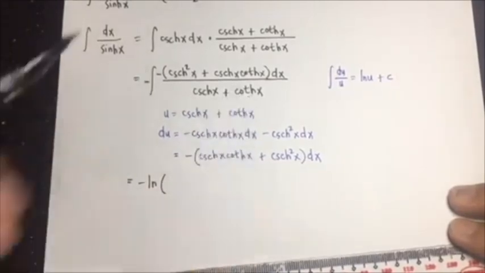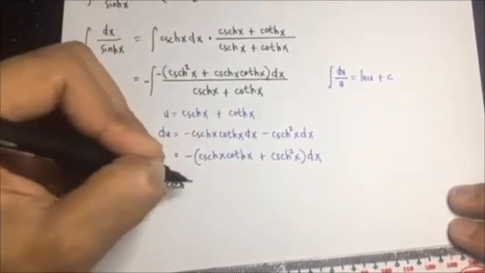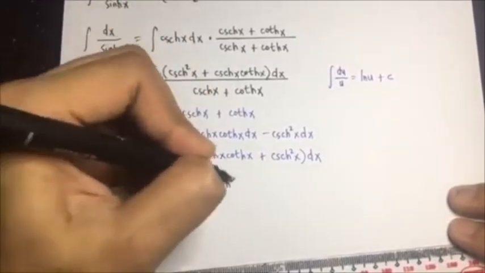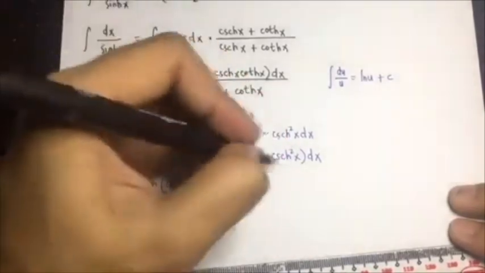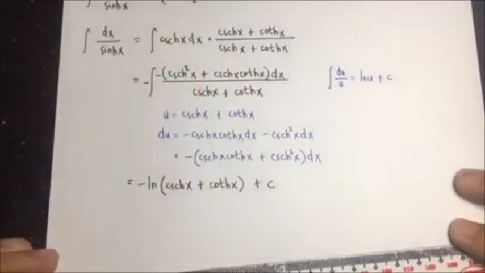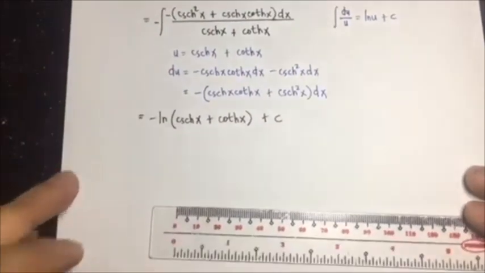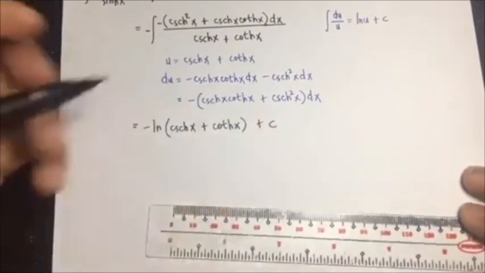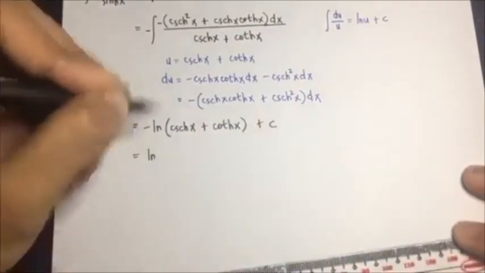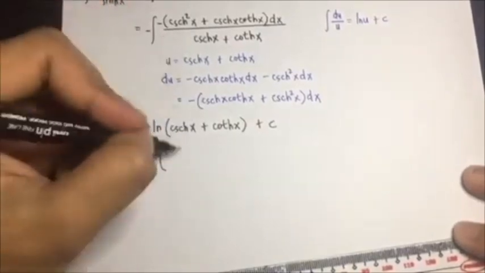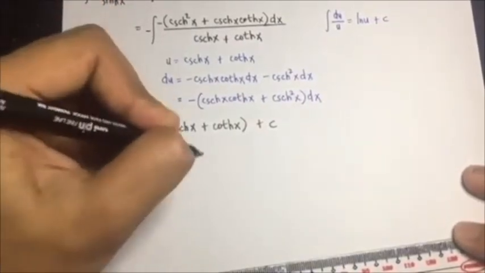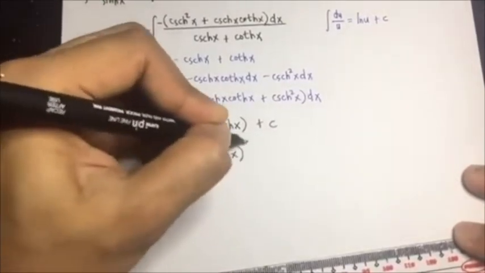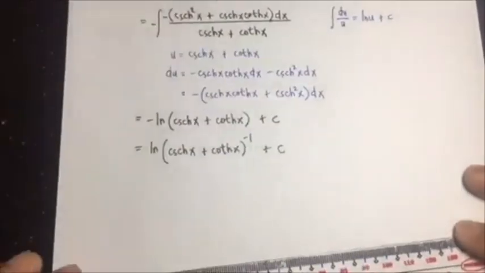So the denominator is hyperbolic cosecant of x plus hyperbolic cotangent of x plus c. Okay, and since we know from the laws of logarithm that we can transfer the negative sign as the exponent, it will become ln of hyperbolic cosecant of x plus hyperbolic cotangent of x raised to negative 1, plus c.